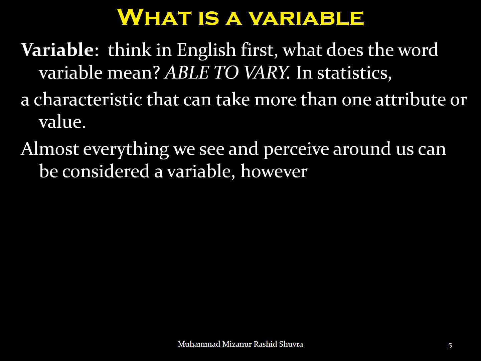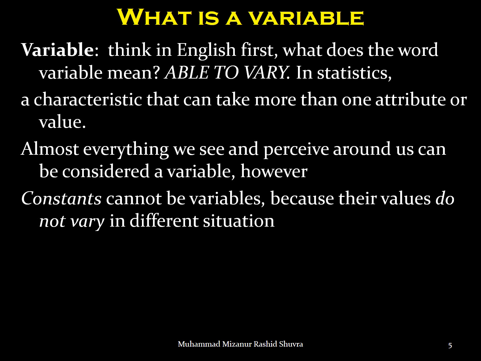And almost everything we perceive around us can be considered a variable, right? Because think about anything, and you will see that it will vary. Except there is an exception, of course: constants. Constants cannot vary. They are fixed numbers, right?